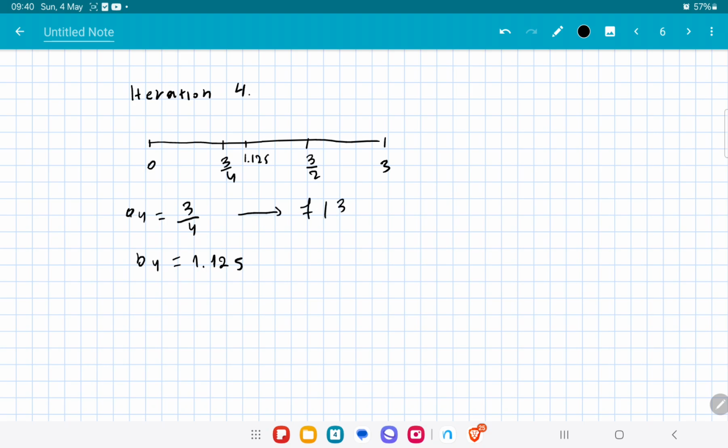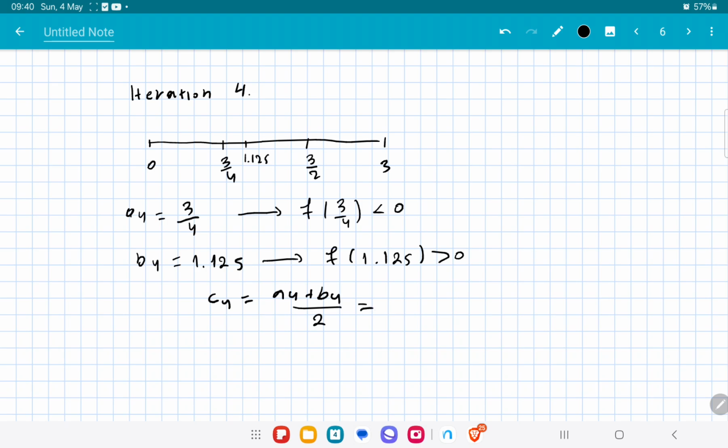My f(3/4) is a negative value. My f(1.125) is positive, if you do the calculations. So my c4 is going to be (a4 + b4)/2, the midpoint.